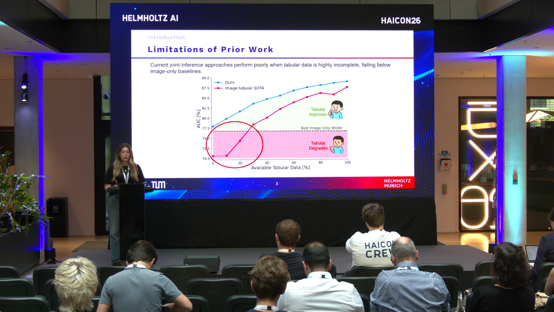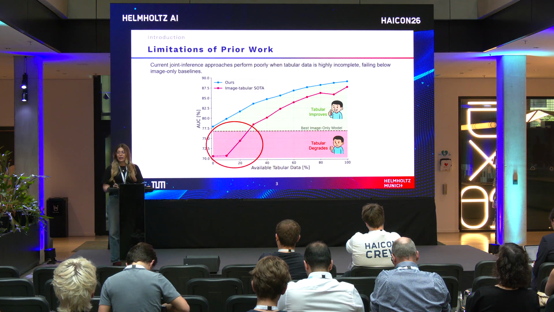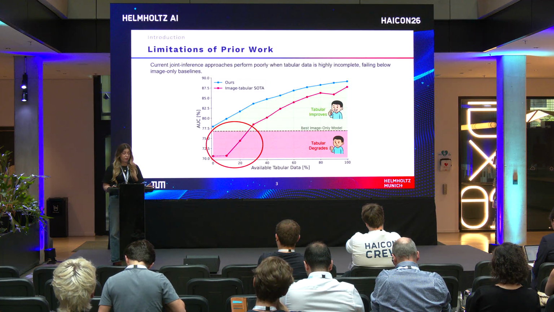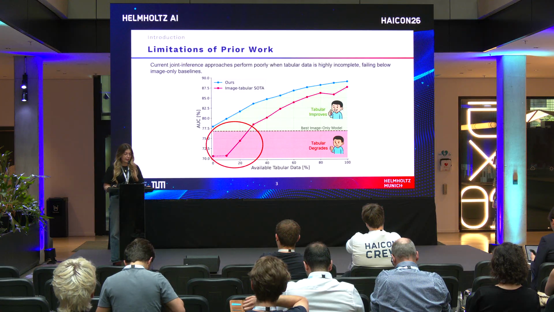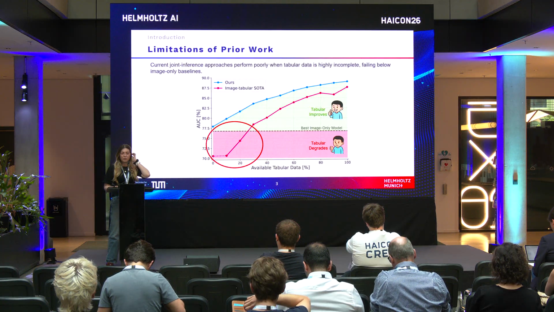So we also looked into some limitations of the prior Vision-Tabular works, and what we found is that actually when the tabular data is highly incomplete compared to your pre-training set, the performance actually falls below just the image-only baseline, which is obviously not something that you would want, because if you use more data than you would assume, the performance should be better than if you simply use images.